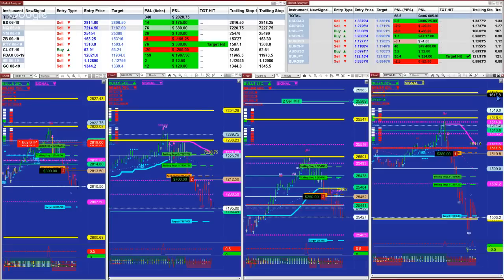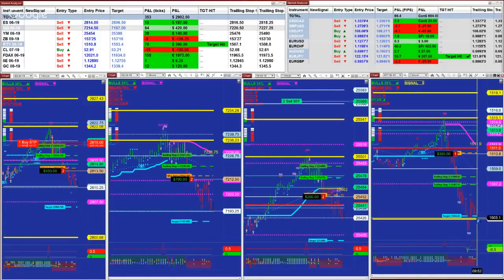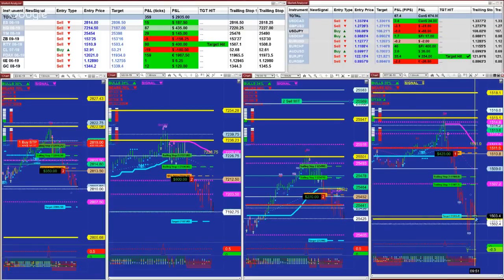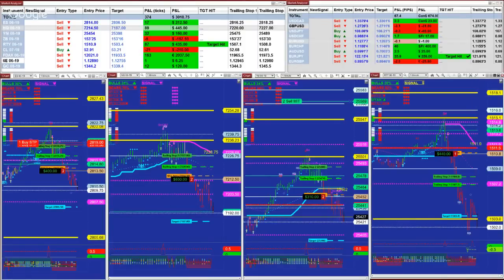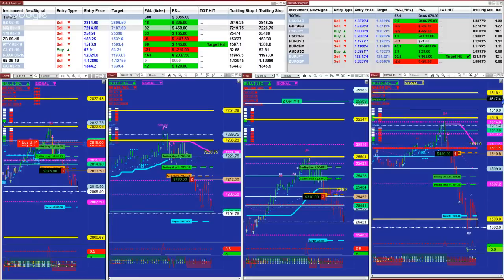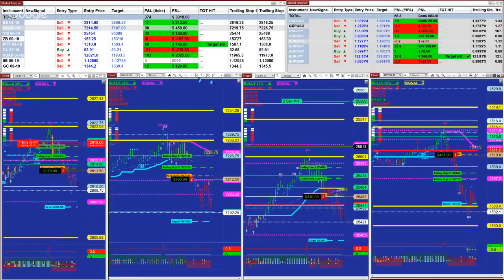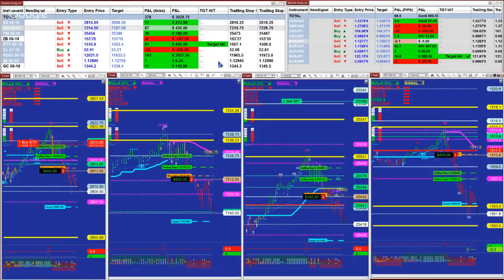As you see here, the Russell has already hit the target. It's an option for you if you want to close the position or extend your position. It's up to you. And if we look at the market analyzer, target hit on the Russell.